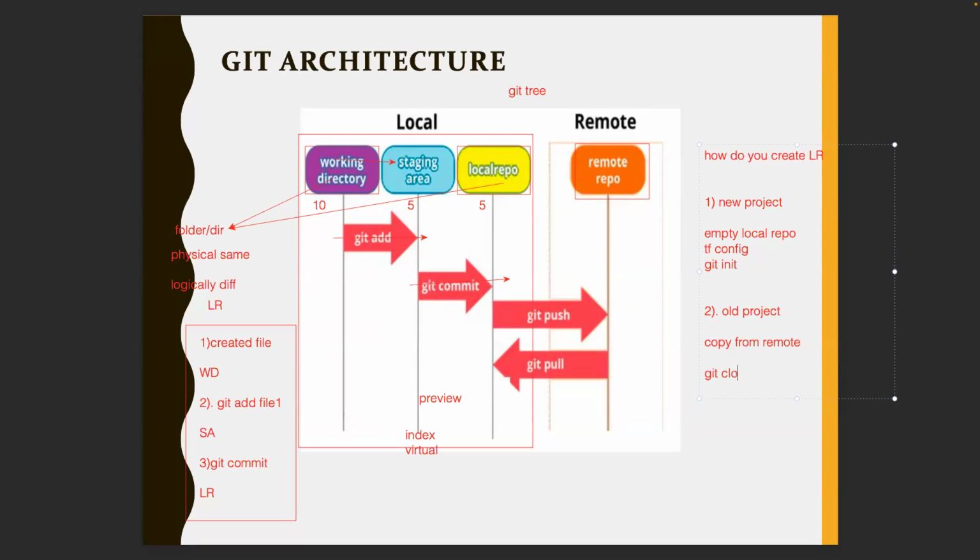We'll learn commands separately, okay? Those are the two ways you can create a local repository, by doing git init or git clone. Today we'll get started assuming we are a new team with a new project, so with the first one. Later on, after learning these things, we'll also create using the second.